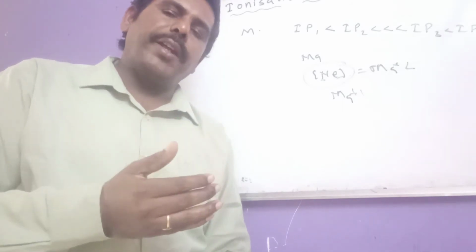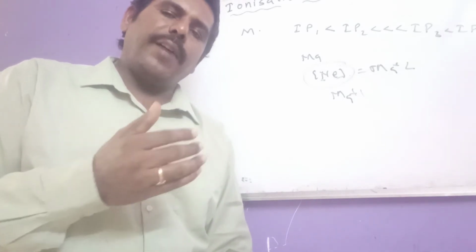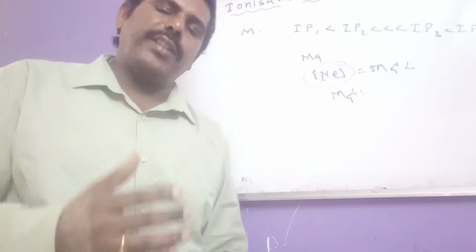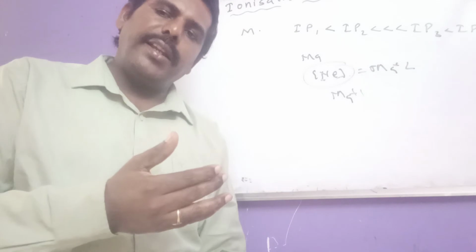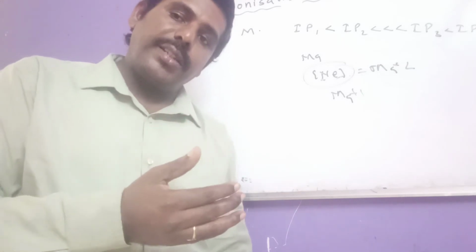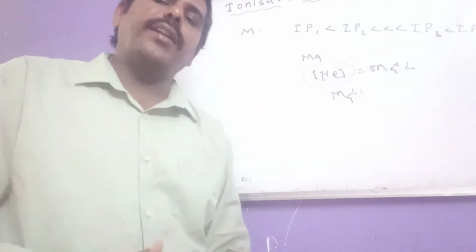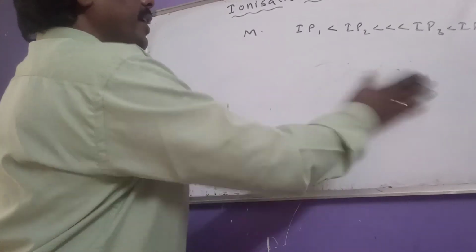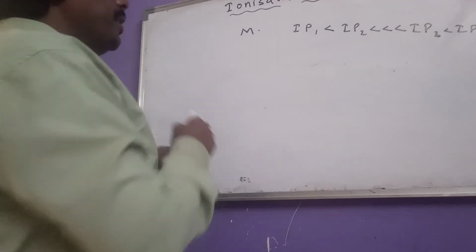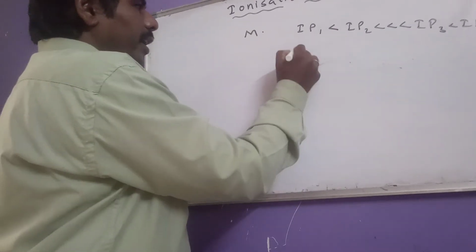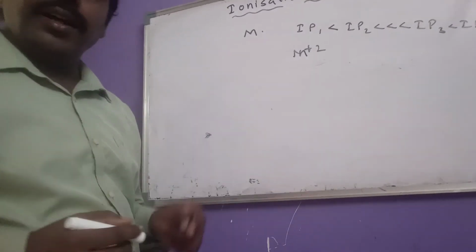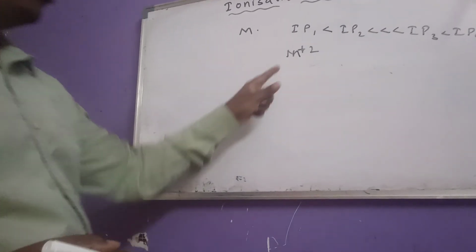After IP2 means second A group. After the first IP, a sudden energy gap means first A group. After the third ionization potential, a sudden energy gap means third A group, and so on. As the second IP and third IP have a large energy gap, this M belongs to second A group. The charge we expect on M is plus 2.